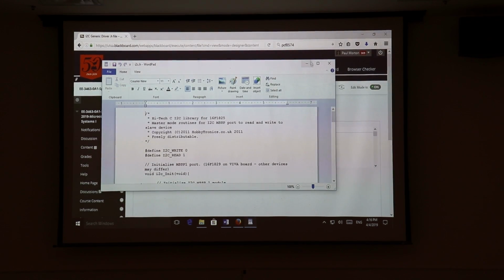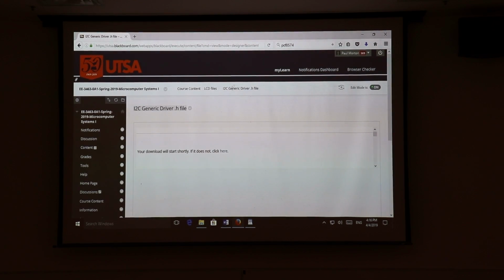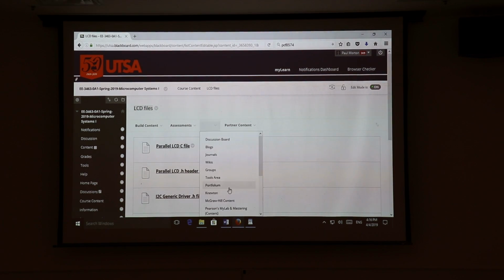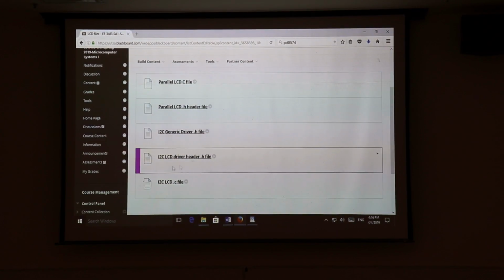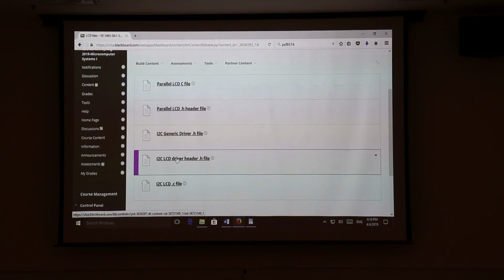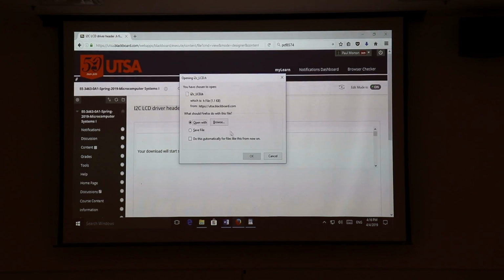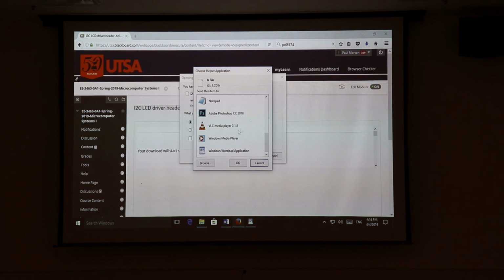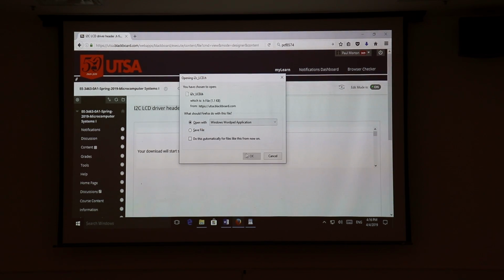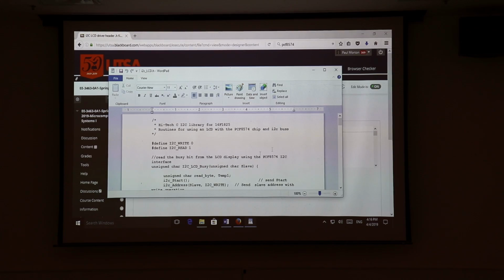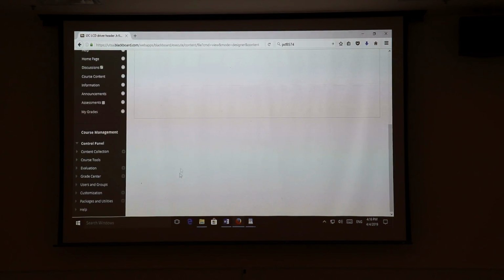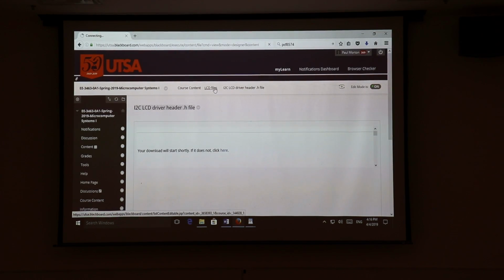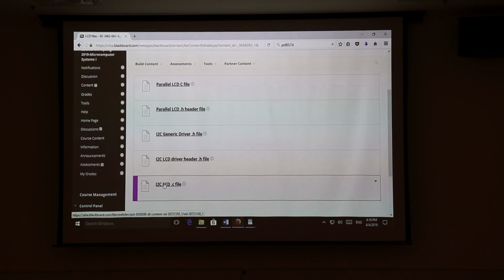And then we'll get the I2C LCD driver, and then we'll get the C code. And then we'll talk about those briefly.